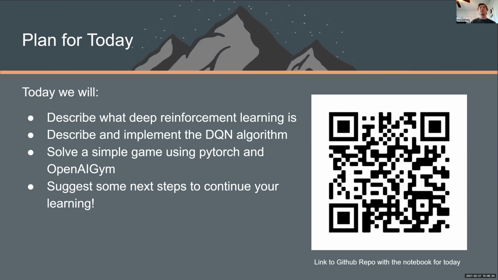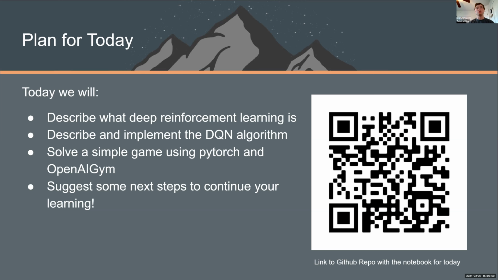Cool. All right, so this is our plan for today. It's pretty simple. We're really just doing an introduction here. We're going to be implementing deep Q learning, which is a particular type of reinforcement learning algorithm, and we'll go a little bit more into that a little later. We're going to be using something called PyTorch, which is a framework for machine learning that allows you to do those big fat calculus calculations and updating the network really easily.